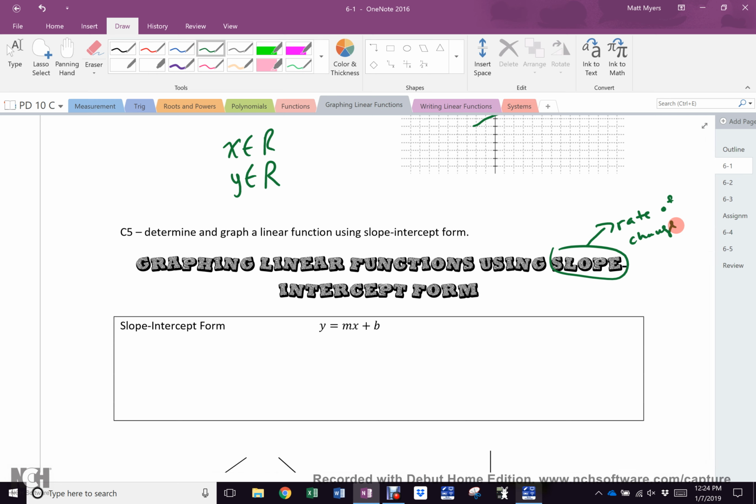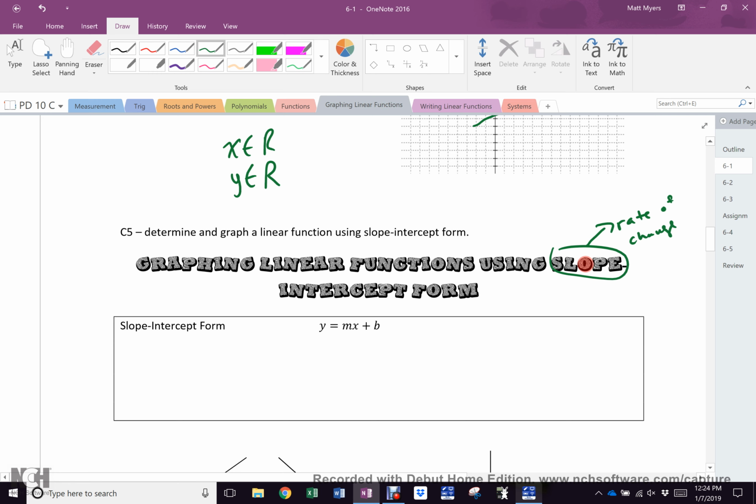Time was going on, distance was going on. Time was going on, height was going on. It didn't matter. There were two things happening at once, so things were changing. Specific things, IVs and DVs. Well, now we are talking about X's and Y's in general.